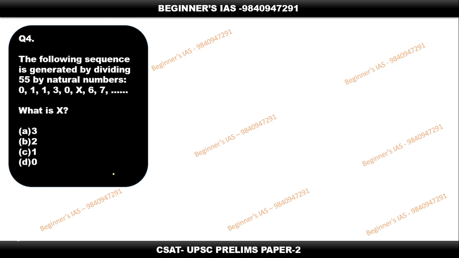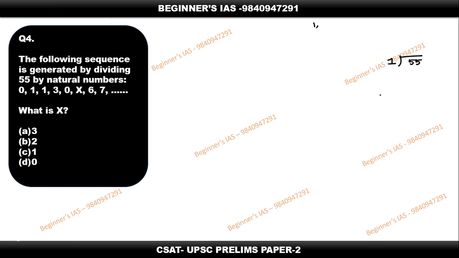The following sequence is generated by dividing 55 by natural numbers. The sequence is 0, 1, 1, 3, 0, x, 6, 7. You need to identify what x is. See, just understand, it is given that 55 is divided by the natural numbers. The natural numbers start with 1, no?